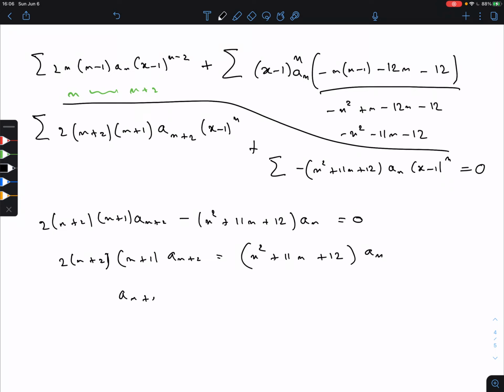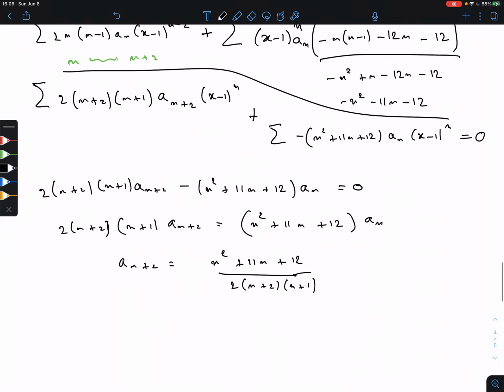So an plus 2 is equal to n squared plus 11n plus 12 over 2 times n plus 2 times n plus 1, times an. Okay, I don't think anything cancels here, so let's not bother about this.